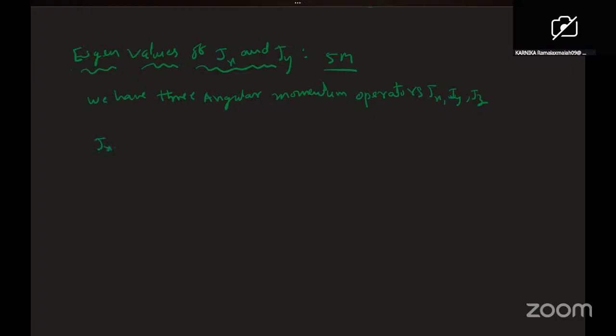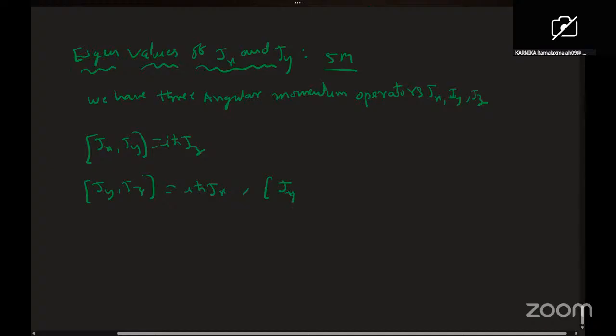That is Jx, Jy is equal to iħ Jz, Jy, Jz is equal to iħ Jx, Jz, Jx is equal to iħ Jy. Okay. So these are the three angular momentum commutators.